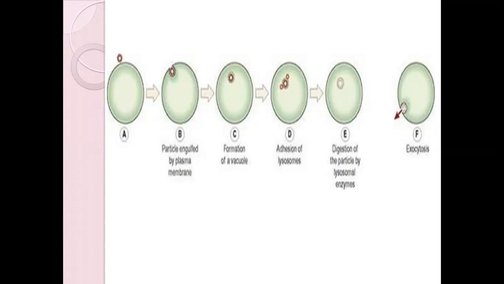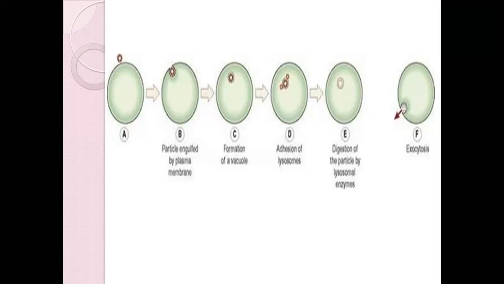Then what happens? The lysosomes. Lysosomes are also one form of cell organelles present in the cytoplasm. This lysosome will go towards this vacuole membrane and try to digest it. How will it digest it? It will release the enzymes.